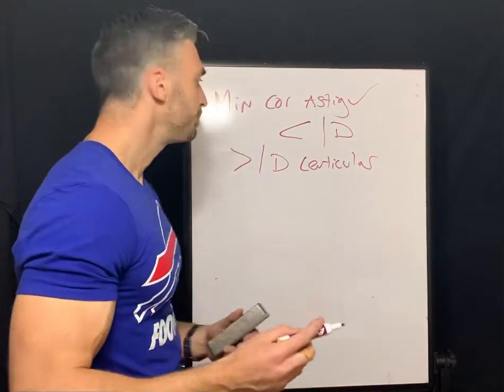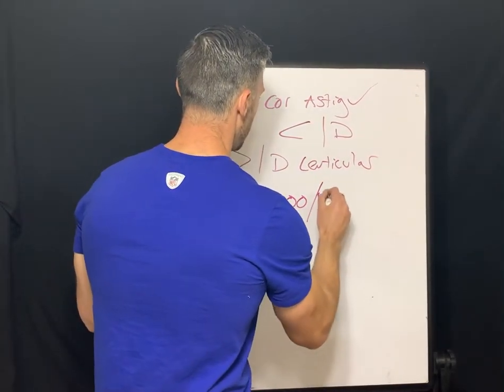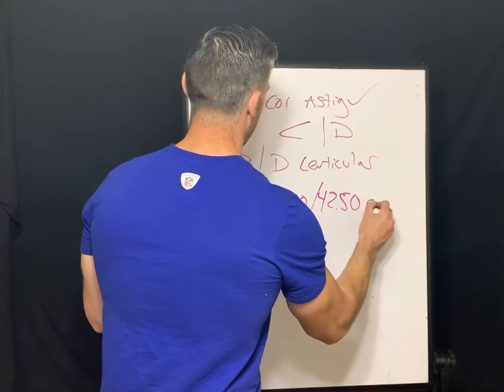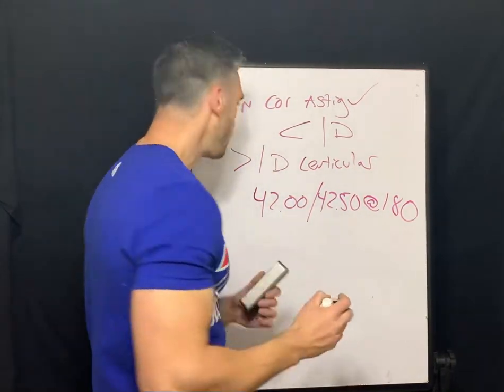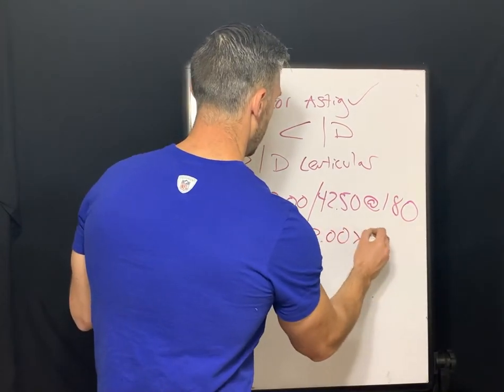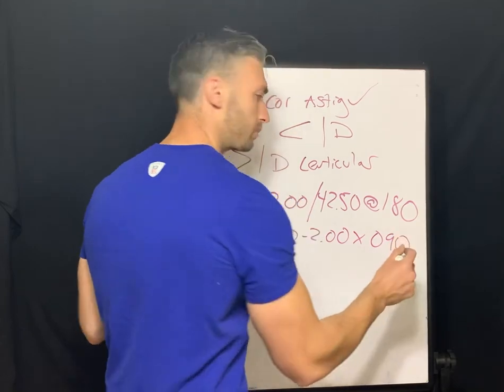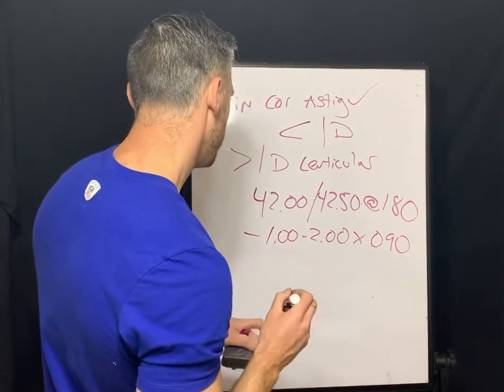Front surface toric. Let's do an example. I have K readings of 42 / 42.50 at 180. A prescription, I have -1, -2 at, let's say, 90. All right, so, and actually, yeah, that'll work.